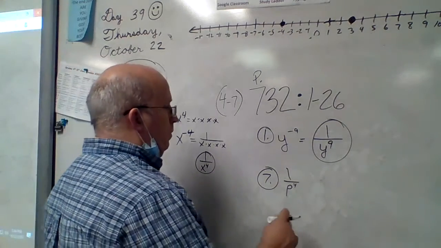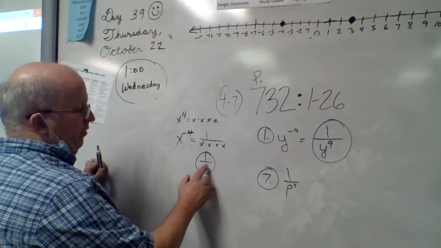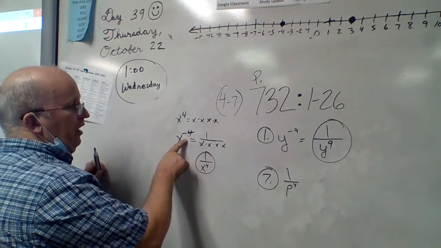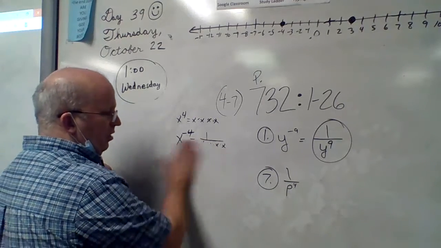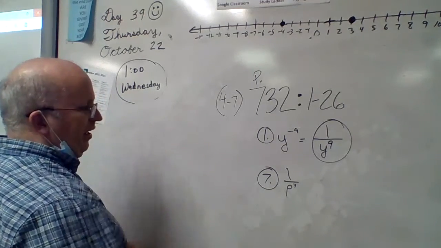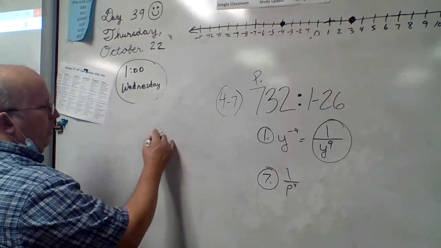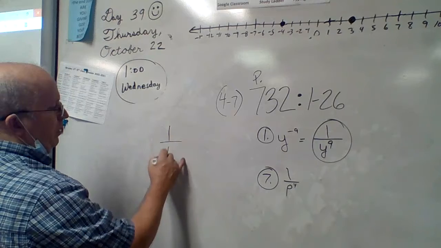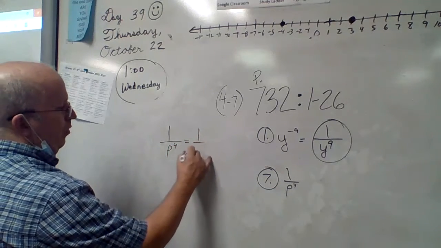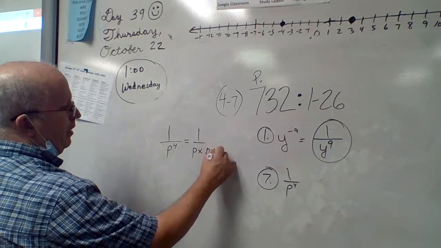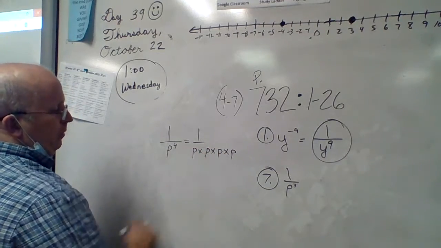Well, look over here. Here we have the positive exponent working backwards. This is our negative exponent, right? Now, why does that work? Where are we getting that from? Well, if I think about, say, for example, 1 over p to the 4th, which is our problem here, we know that's really 1 over p times p times p times p, right? That's what p to the 4th means.